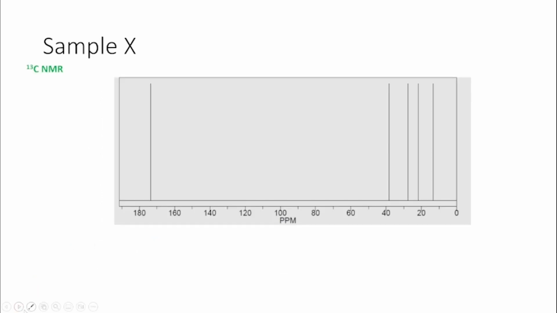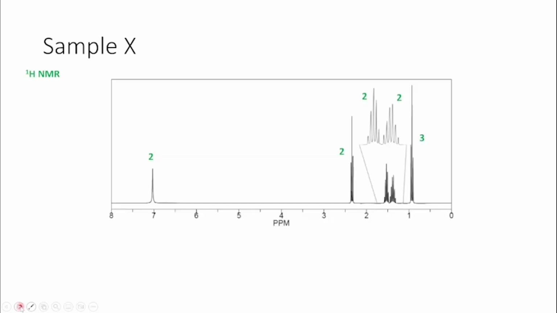The next thing I do is check the carbon NMR to see how many carbons we have in our molecule. And remember, this doesn't work if you have a symmetrical molecule, so it's just a guide. We have 1, 2, 3, 4, 5 carbon signals. And we'll have a look at what this signal might be a little bit later. Now it's just thinking about generating our molecular formula.